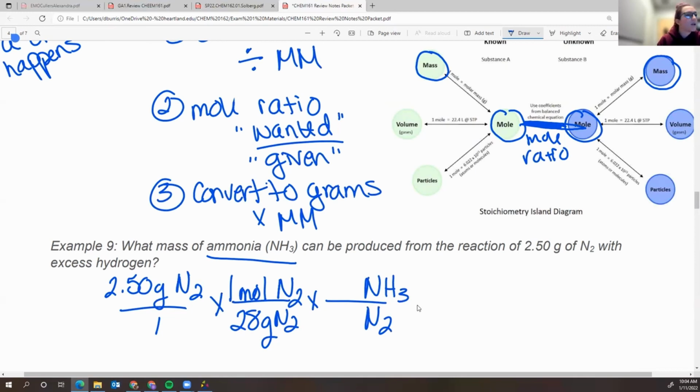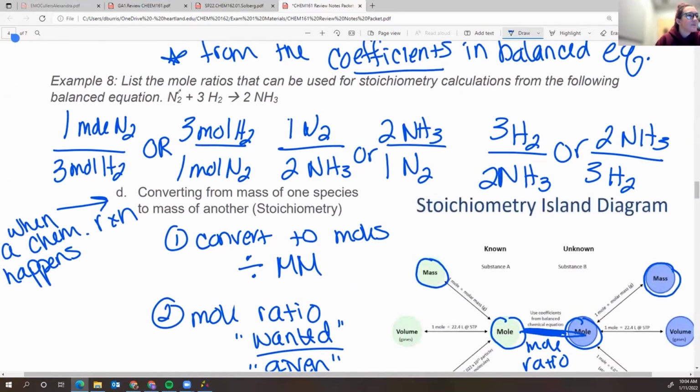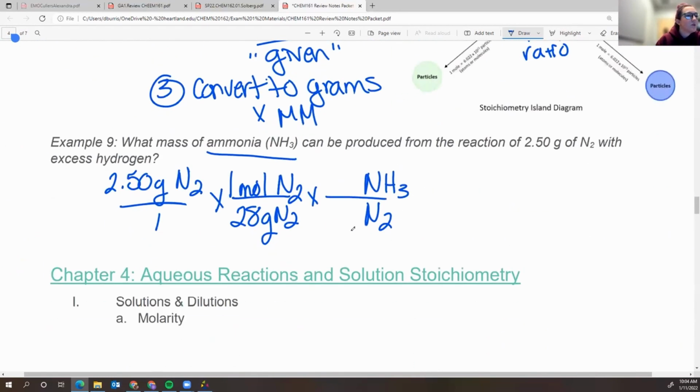The numbers I pull from my balanced equation. N2 has a 1 coefficient and NH3 has a 2 coefficient, so this is going to be 2 moles and this is going to be 1 mole. Notice the moles of N2 cancel. Now I'm in moles of NH3.